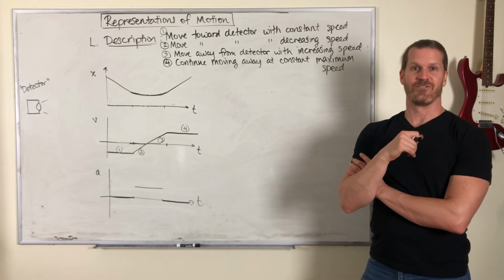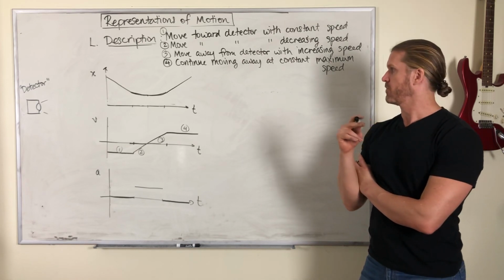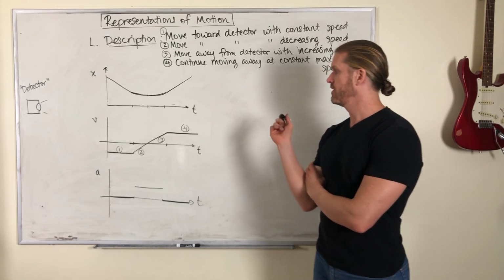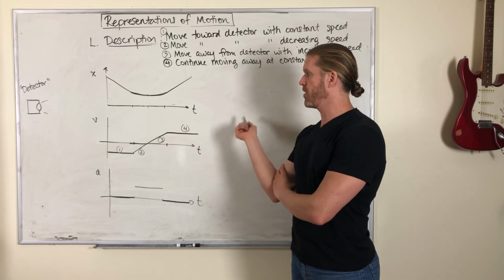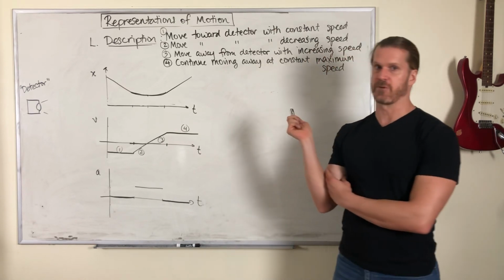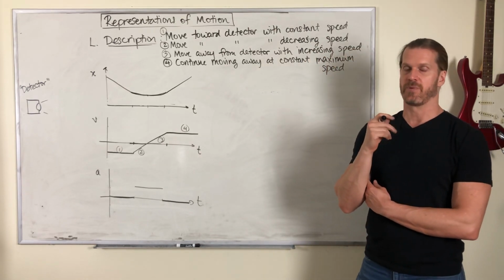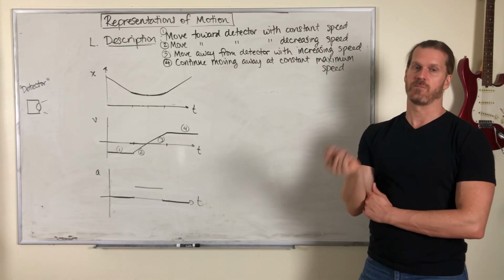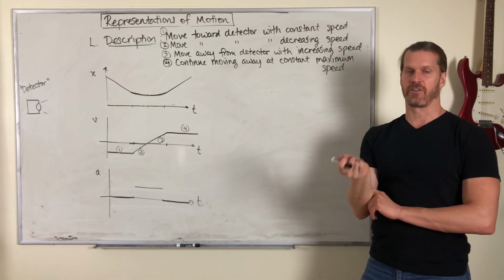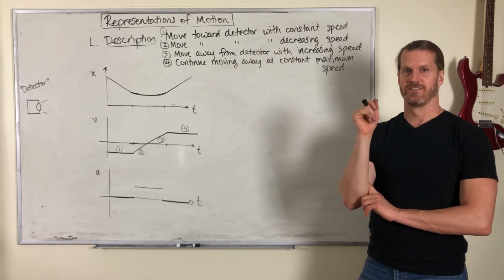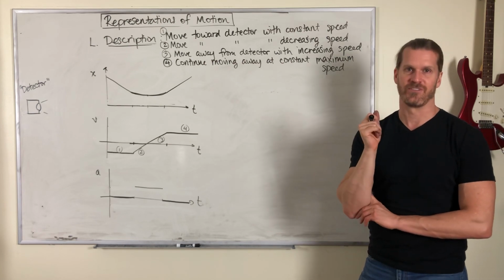You guys don't have to do that this time, but I hope you ponder these graphs, ponder these descriptions, and think about the relationship between position, velocity, and acceleration, and what signs and slopes represent.